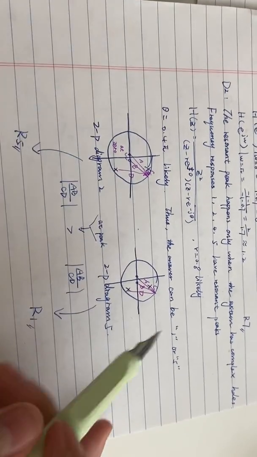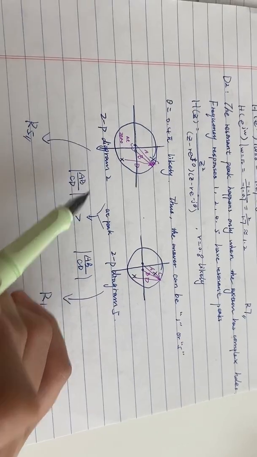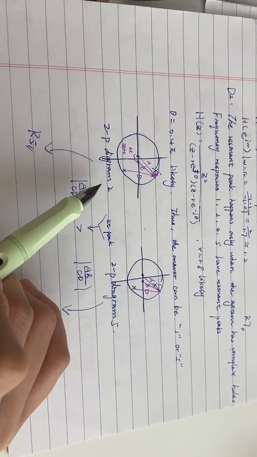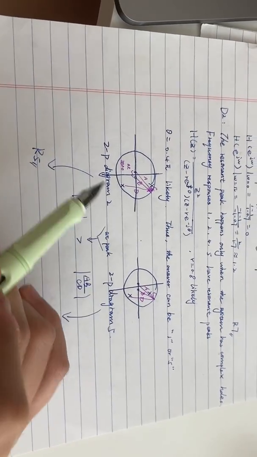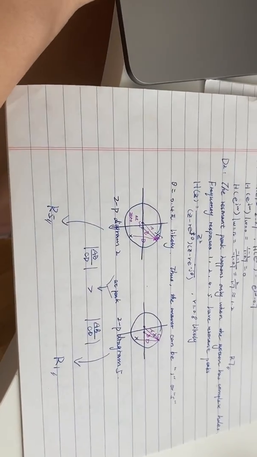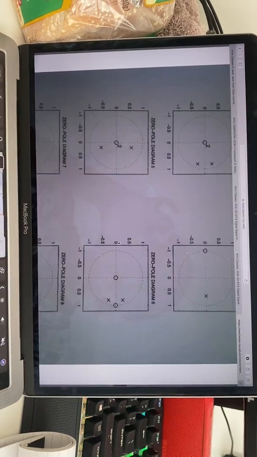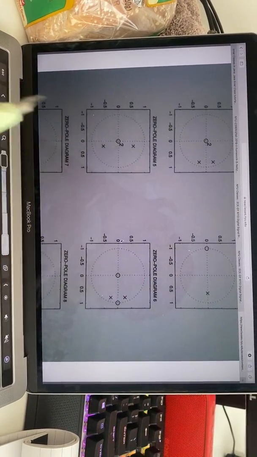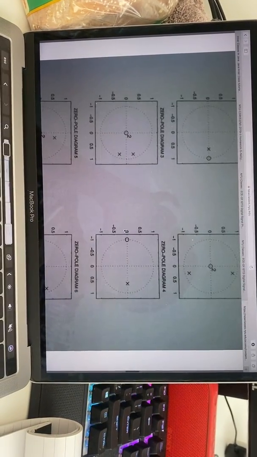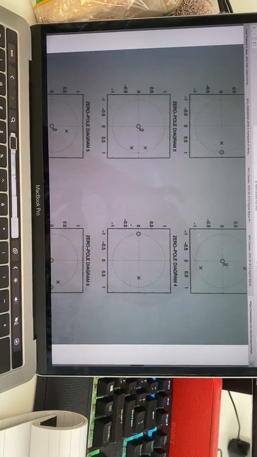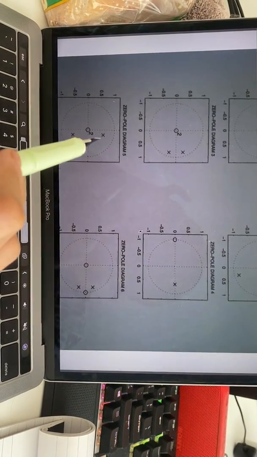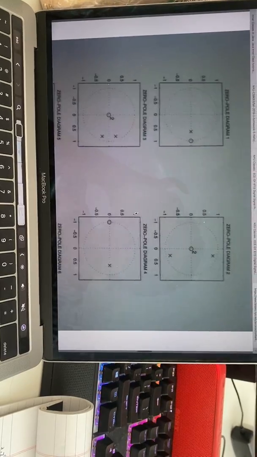We draw the zero-pole diagram here. This is diagram 2, this is diagram 5, because they are similar. The difference is only in the poles. For this one the R is shorter, and for this one the R is longer.